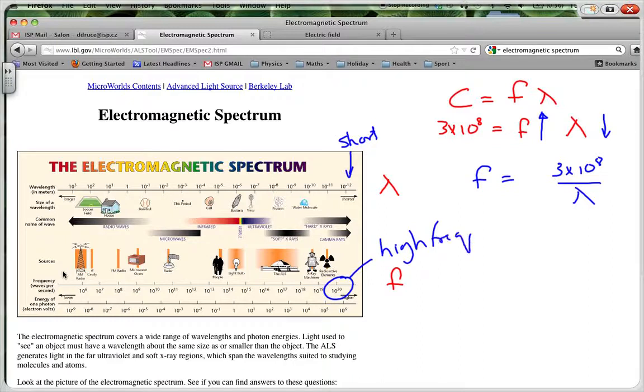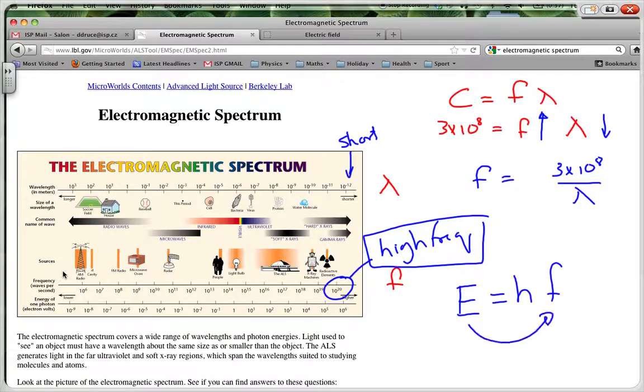Also, what is interesting is that the frequency gives an indication of the energy of the wave. High frequency leads to high energy waves. And we're going to see this formula later on, that the energy of light is given by E = hf. The energy is proportional to the frequency. So if you've got very high frequency, you're going to have very high energy waves.